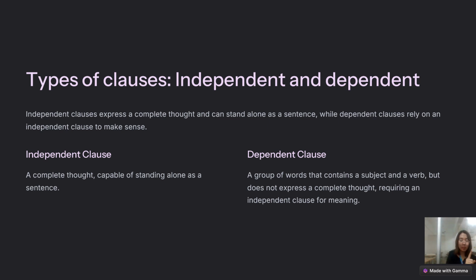An independent clause already makes sense, so we don't need any kind of addition. But when it comes to a dependent clause, we need an independent clause, combined together. Only then will it make sense, alright?